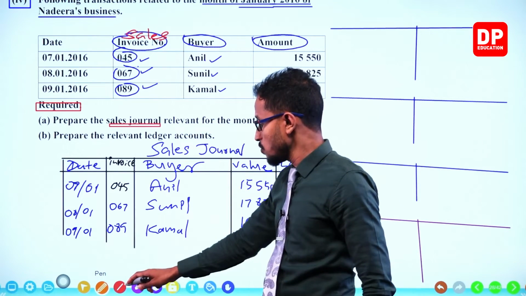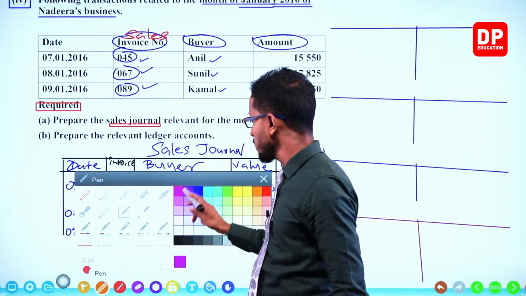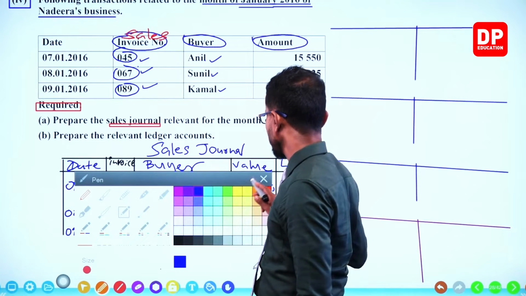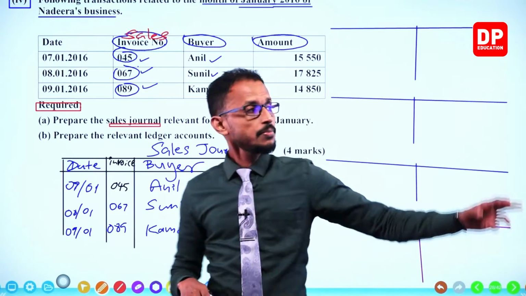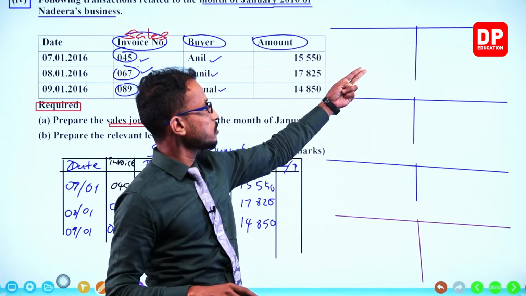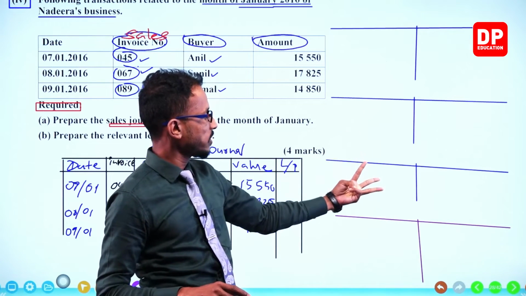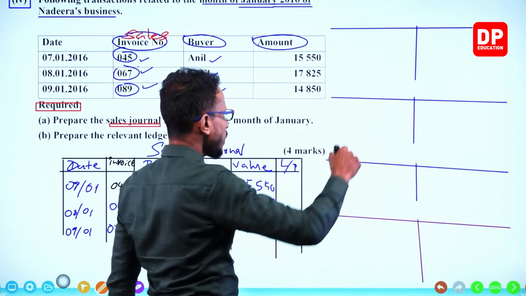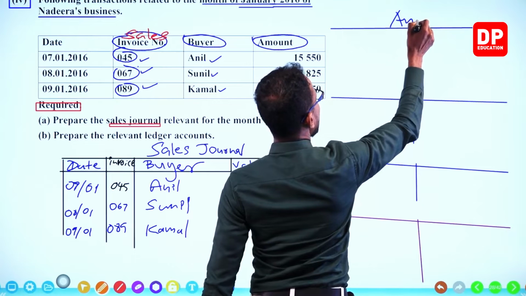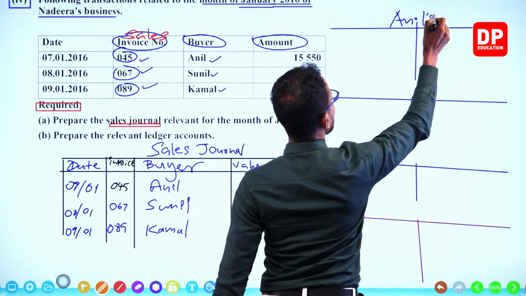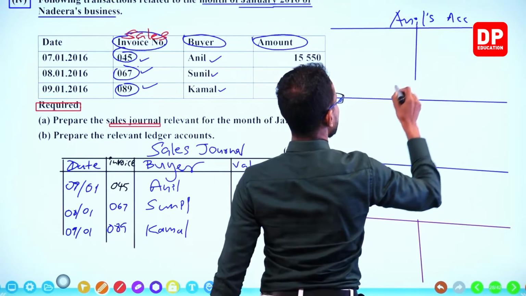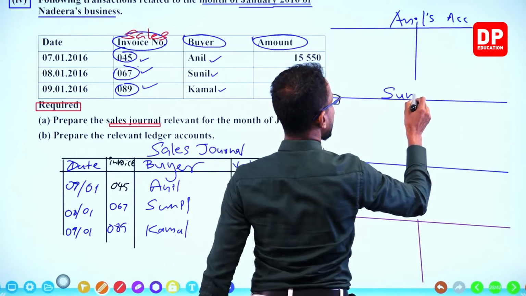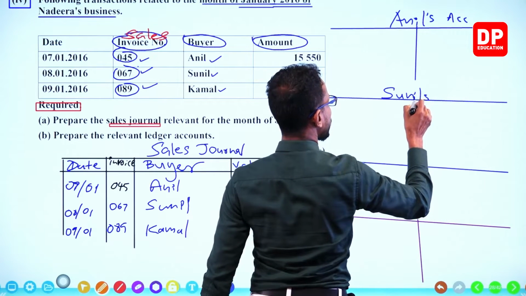For whom or for what item did I draw the first 3 ledger accounts? 1, 2, 3. First 3 ledger accounts. For the 3 customers, for the 3 buyers. Anil's account. Sunil's account.